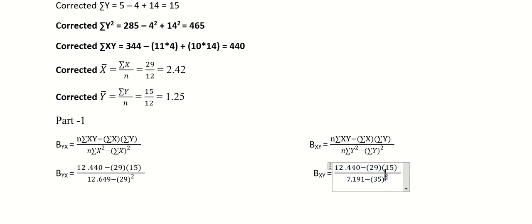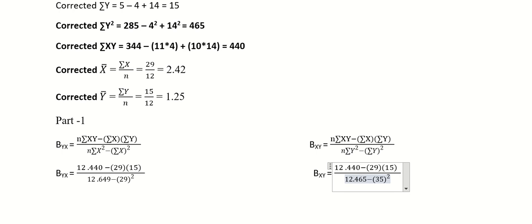In the denominator, now the values of y will come. Okay. So 12 is n into summation of y square, which is given to us, that is how much? 465, this value. Okay. So 12 into 465, right?